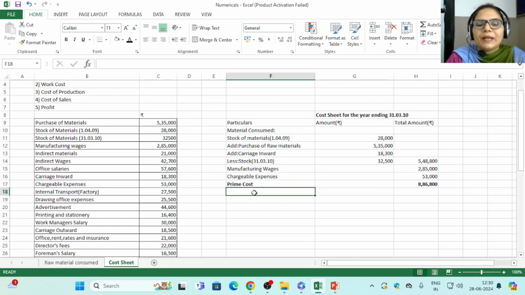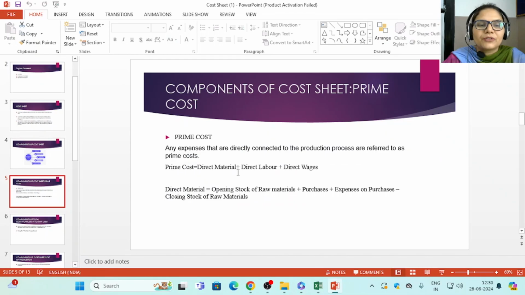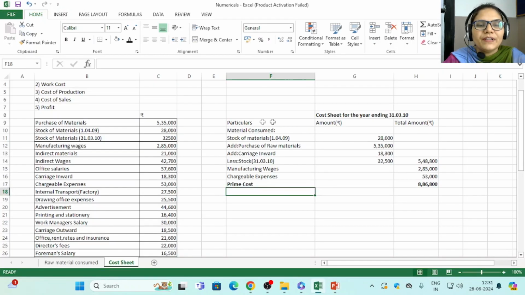After calculating prime cost, I again revert to the previous session. Prime cost is equal to direct material plus direct labor plus direct expenses. So I think we have justified our equation. We have calculated direct material, direct wages and direct expenses, and we have summed up all these three and arrived at the final value 8,86,800. Next is factory overheads.